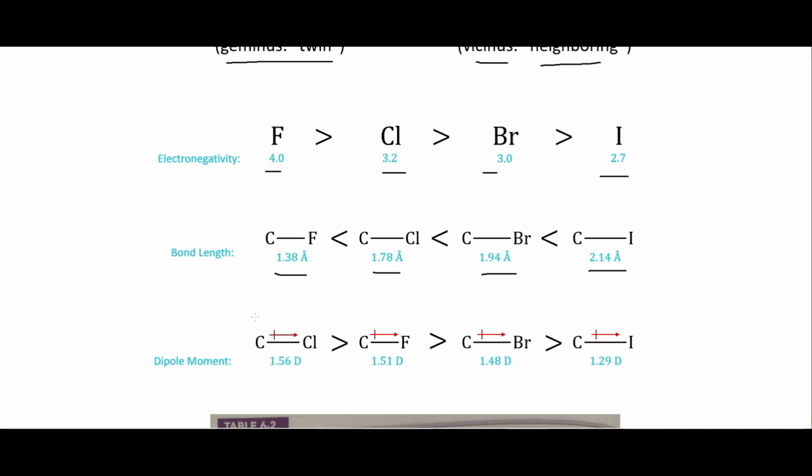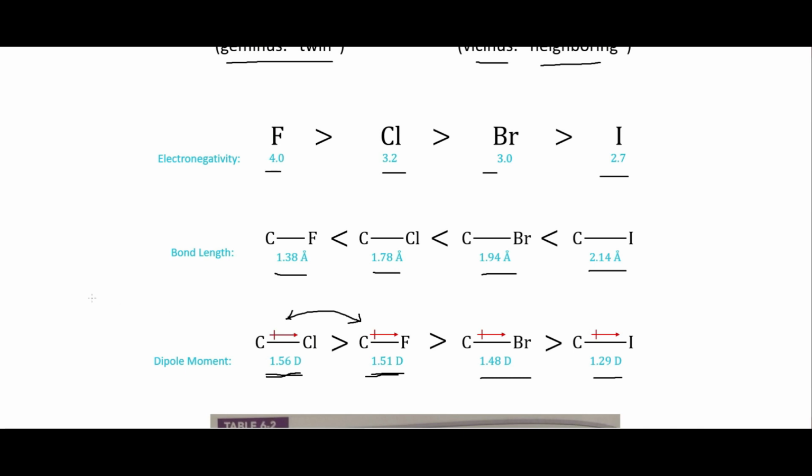And then for the dipole moment, we see that the chlorine here actually has the highest dipole moment compared to the fluorine, but then we just go down the periodic trend here. And the reason for this flip-flop right here is because the bond length between carbon and chlorine is larger than between carbon and fluorine, and so dipole moment isn't just about the electronegativity difference between them, but also about the bond length.